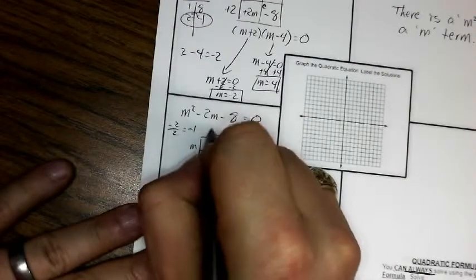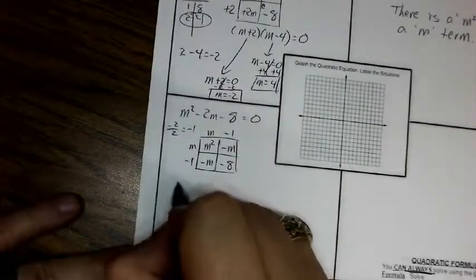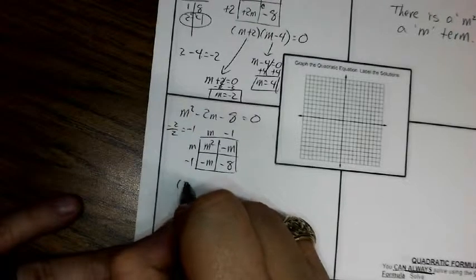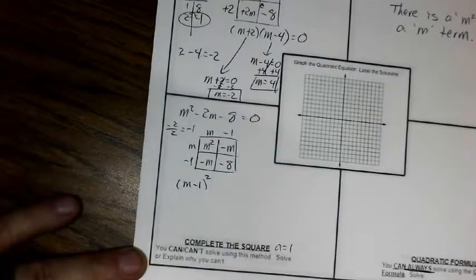Now you work on this box like you're factoring. Here's an m and an m. That's negative 1. This becomes negative 1. So you have m minus 1 times m minus 1, which is m minus 1 squared.